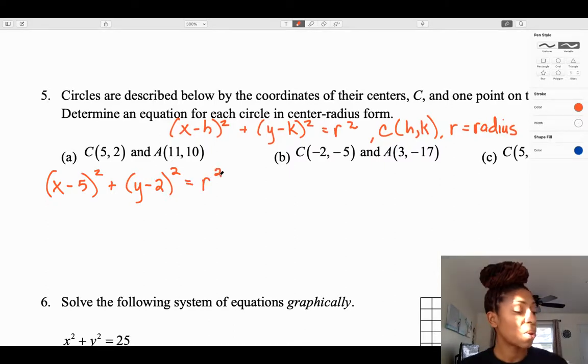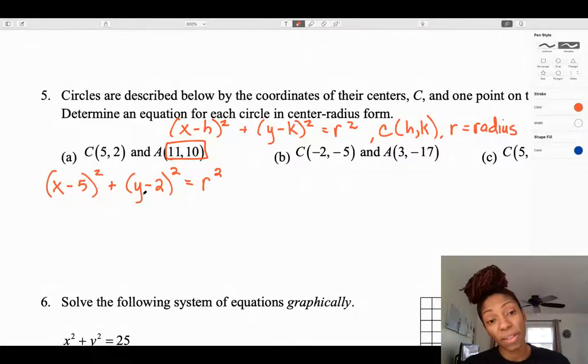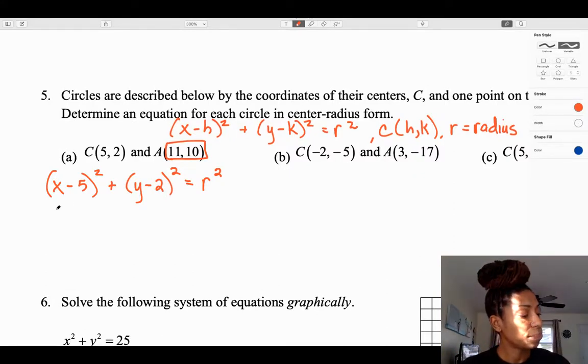But I do know that one coordinate on the circle is 11, 10. So this coordinate will help me to find r because I can plug in 11 for the x value and 10 for the y value and simplify that, evaluate it to get r squared.